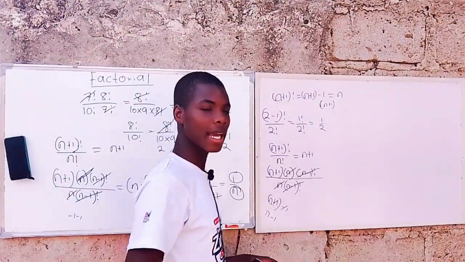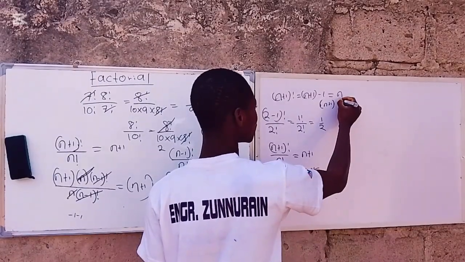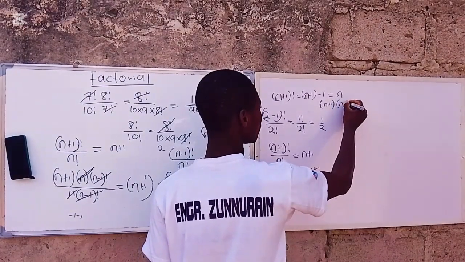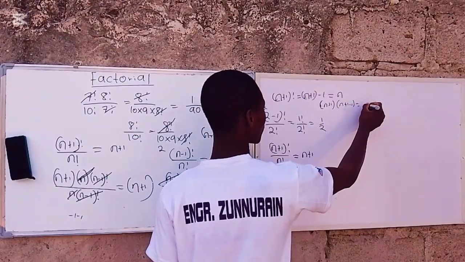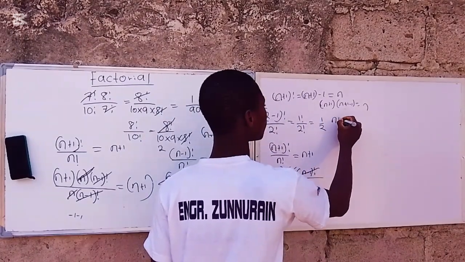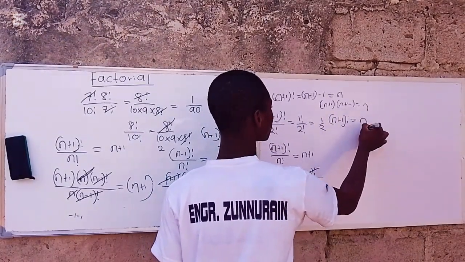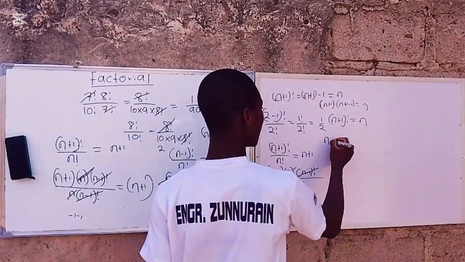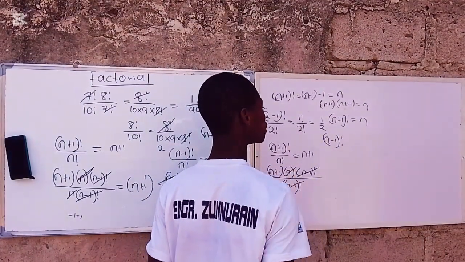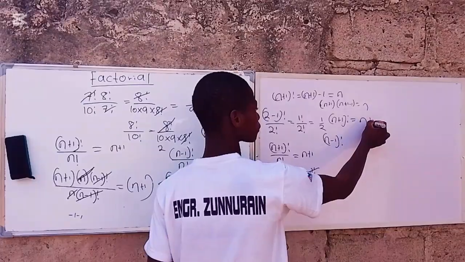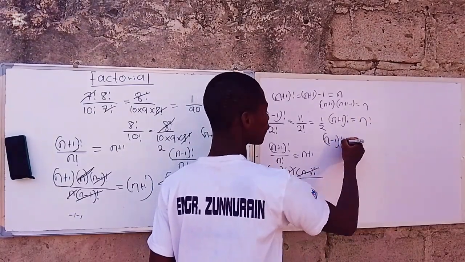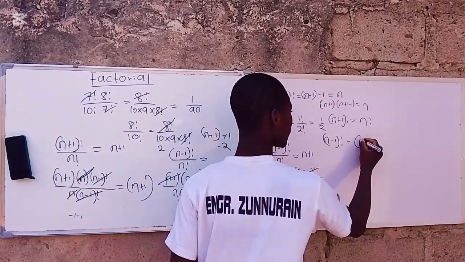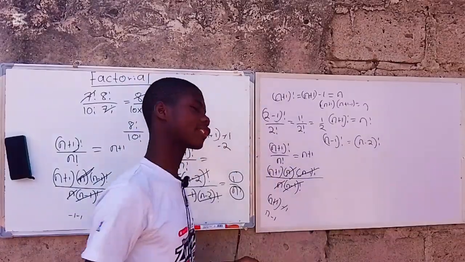After then, you have to fold what? You have to say, so n plus 1 minus 1 should now be equals to n. So therefore n plus 1 factorial is the same thing as what? As n. So when n minus 1 factorial, it will be what? You have to subtract by 1. So this should now be equals to n minus 2 factorial.